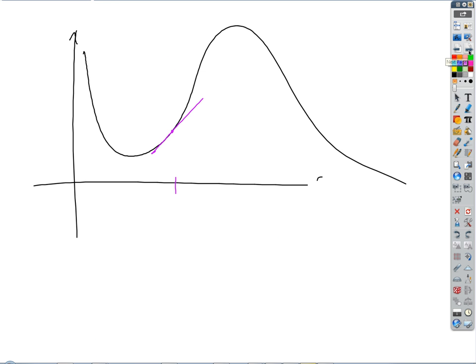So in a place like this right here, is the function on top or below the tangent? The curve sits on top of the tangent, so that must mean it's a positive second derivative.